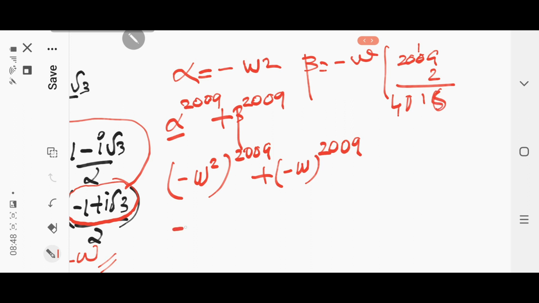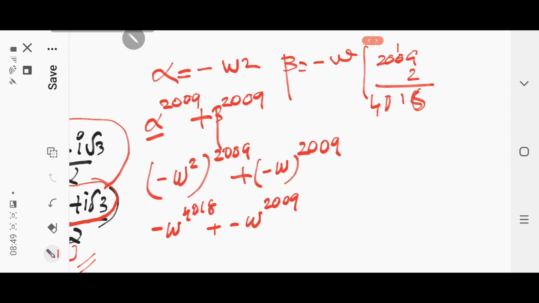Therefore you can write it as minus omega raised to 4018, then plus minus omega raised to 2009. And you find the value.